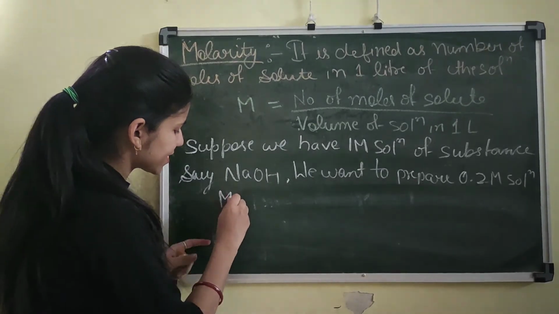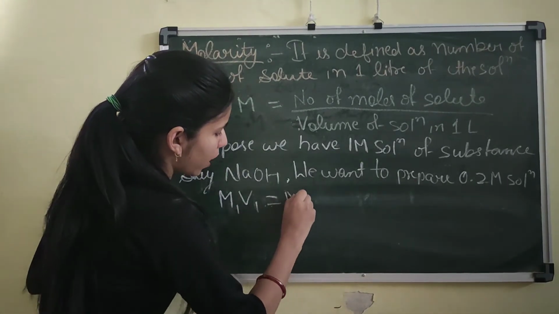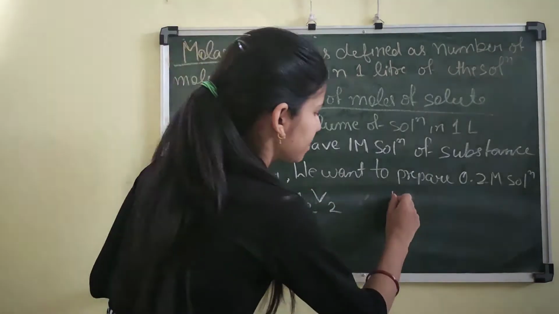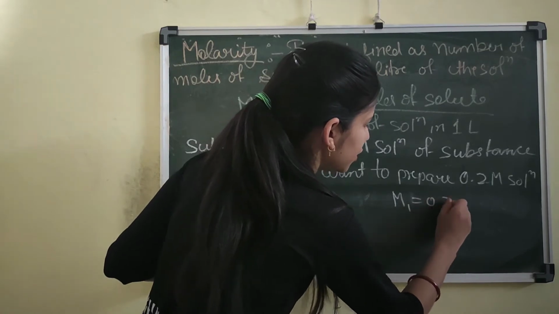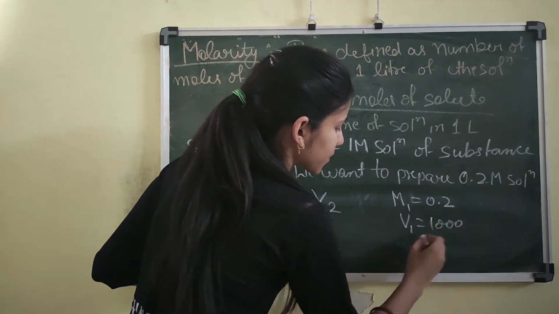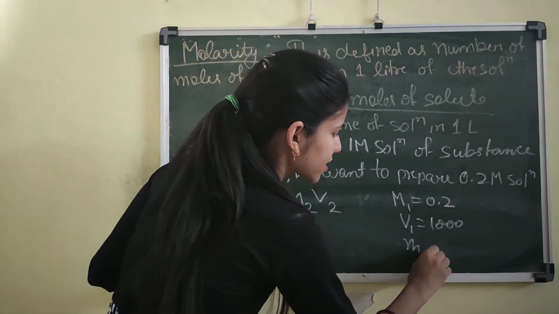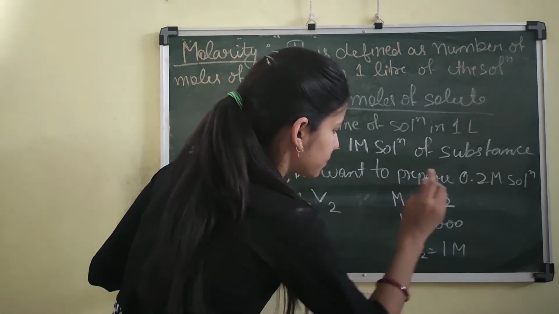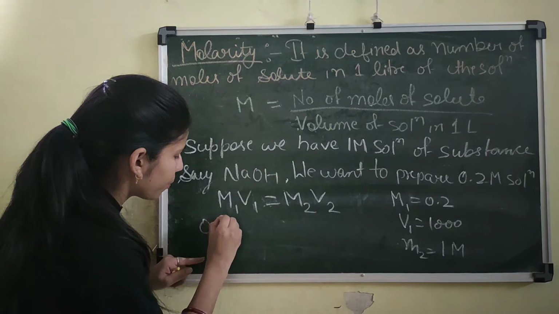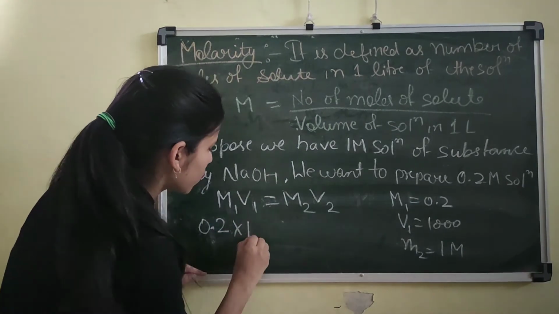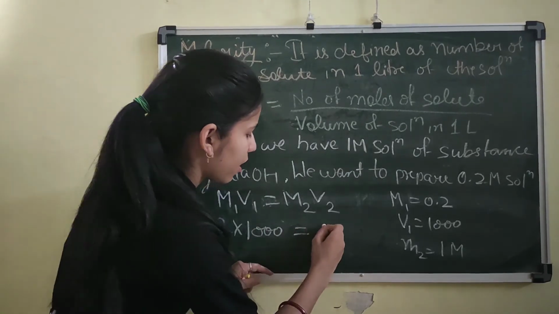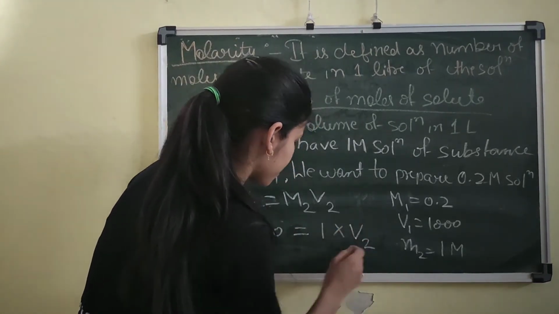The other rule is M1V1 equals M2V2. In this, M1 is 0.2 and V1 is 1000 and M2 is 1 M. Now put these values in this. So 0.2 into 1000 is equal to 1 into V2.